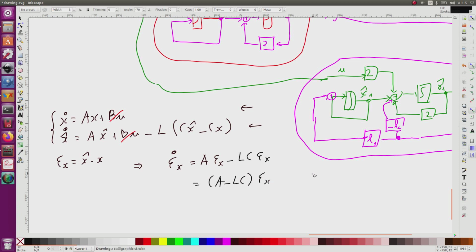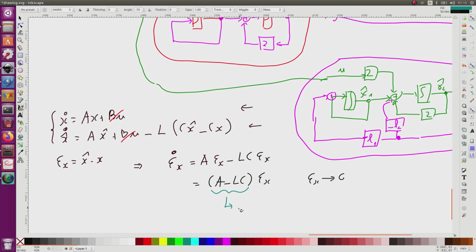The error epsilon x will converge to 0 if the system for the error is stable. So it means that I should check that this matrix is Hurwitz, or equivalently that all the eigenvalues are in the left part of the complex plane, and then I will have a convergence of epsilon x to 0. So it is a classical method.